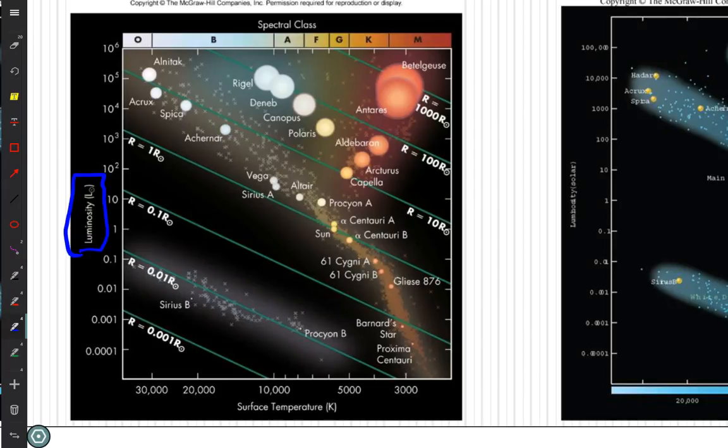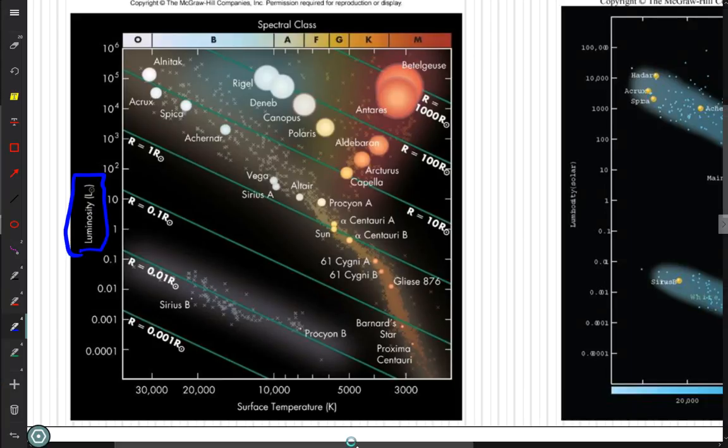It's telling us actually the power that it's giving off. It tells us how much light per second it's giving off. So that's what we have on the vertical axis. On the horizontal axis, we have the temperature. And we don't need to go over what temperature is.